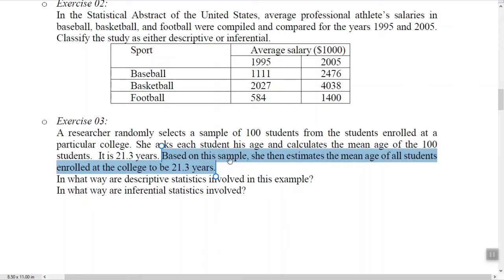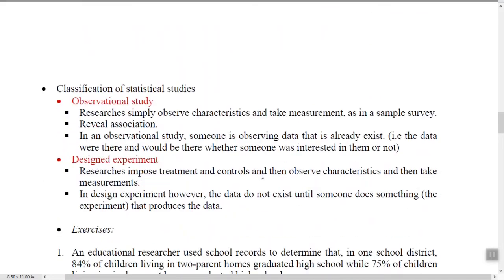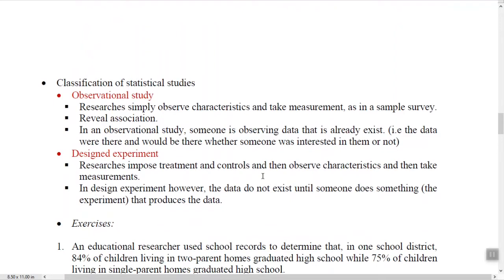So based on the sample she has drawn a conclusion about the population, all the students. So this is under inferential statistics. That's how it works. I think this example gives you a better idea about what descriptive statistics and inferential statistics are.